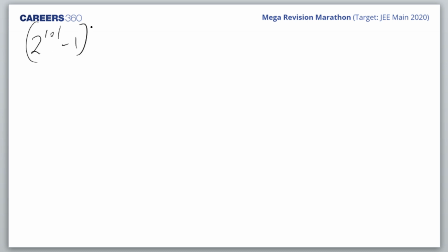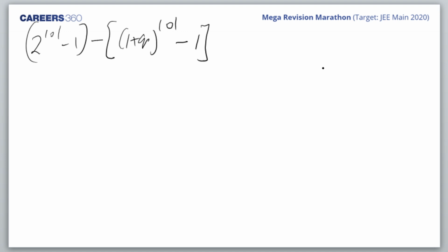Because 101C1 plus 101C2 plus 101C3 till 101C101 would be 2 raised to power 101 minus 1, and minus the other term, which would be (1 plus q) raised to power 101 minus 1. This question has to be solved in this way only, beta. Okay, this is the left hand side.